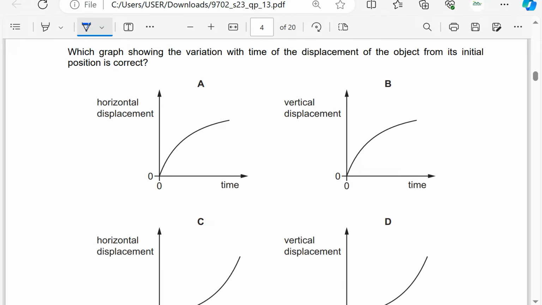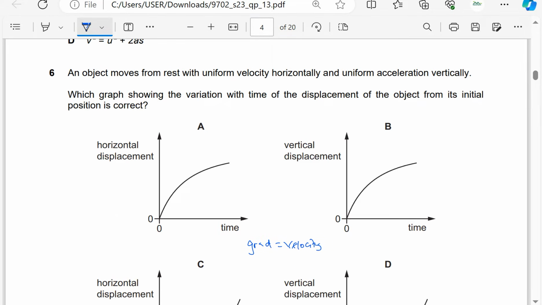So we know that the gradient is the velocity. If we consider horizontal displacement with time, the velocity is constant. Velocity in the horizontal remains constant.